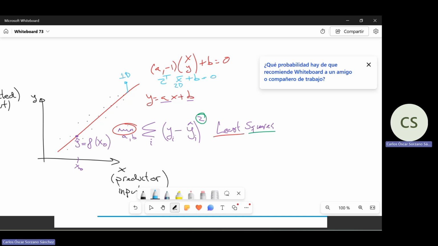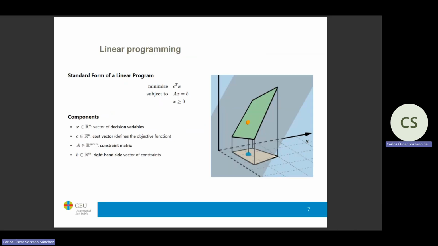Okay. And if you are in 3 dimensions, so if you consider x, y, and z, c transpose x plus b equals 0 is a hyperplane. It's a hyperplane, so that is something straight in a 3-dimensional space, and it has 2 dimensions. That is a plane. A hyperplane is a plane, the standard plane.